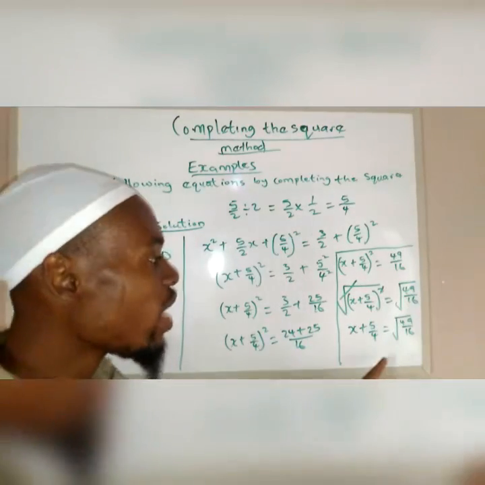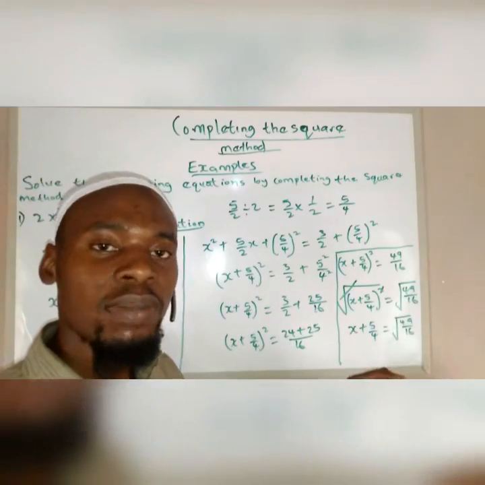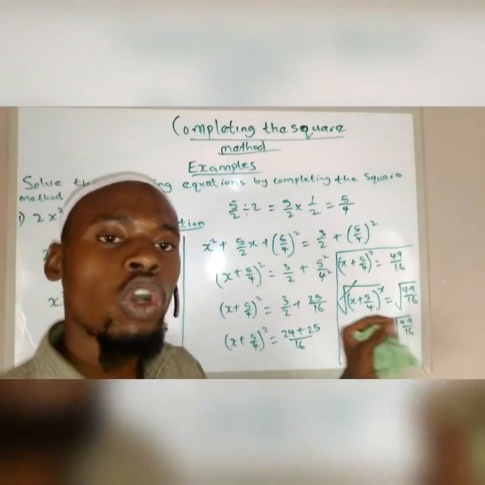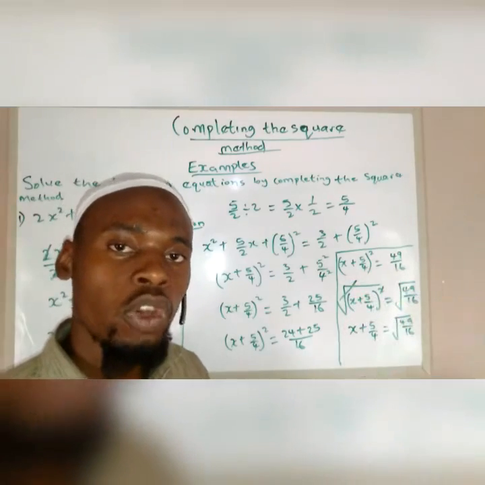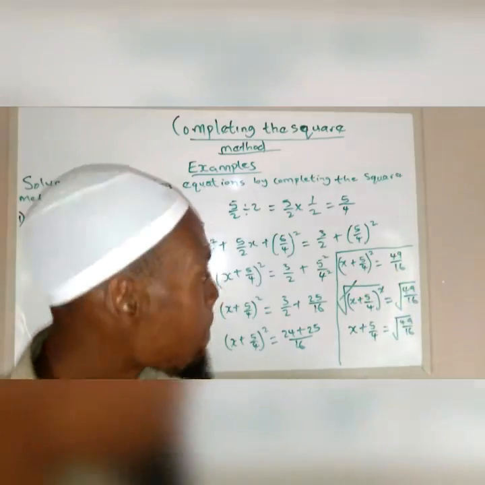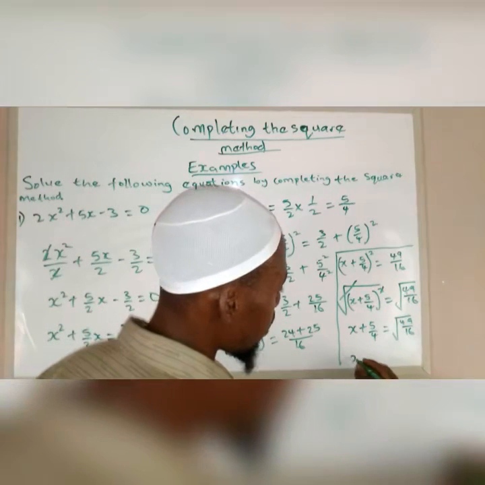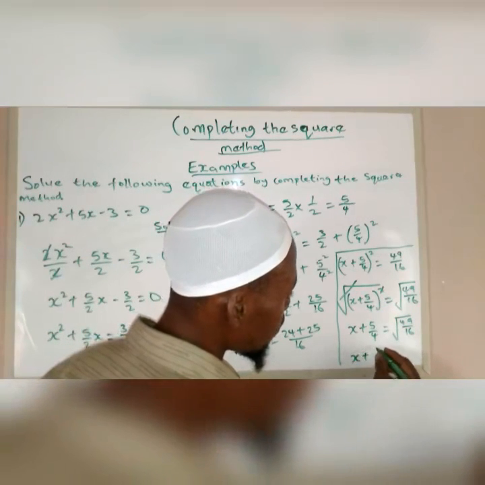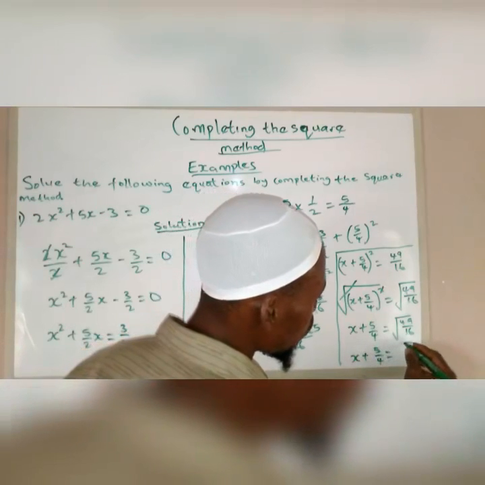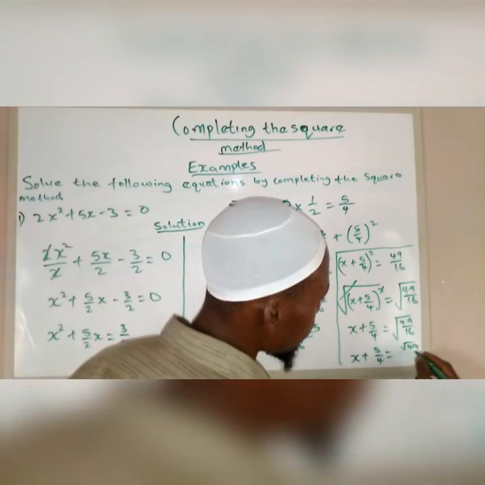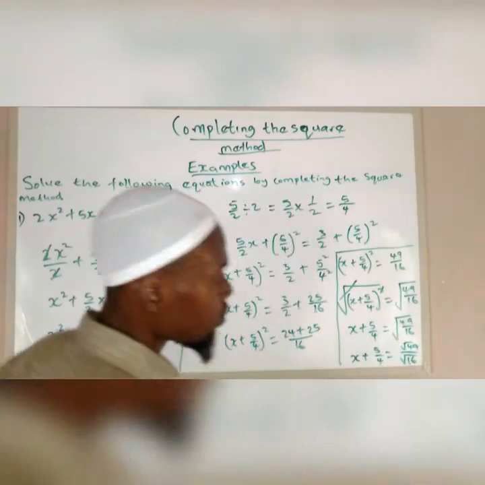So here, when we have root of a fraction, it's still the same thing as taking the root of the numerator separately and taking the root of the denominator separately. So we have x plus 5 over 4 to be equal to root of 49 divided by root of 16.